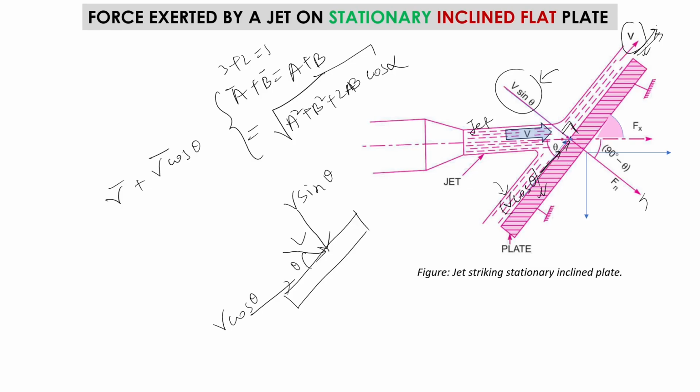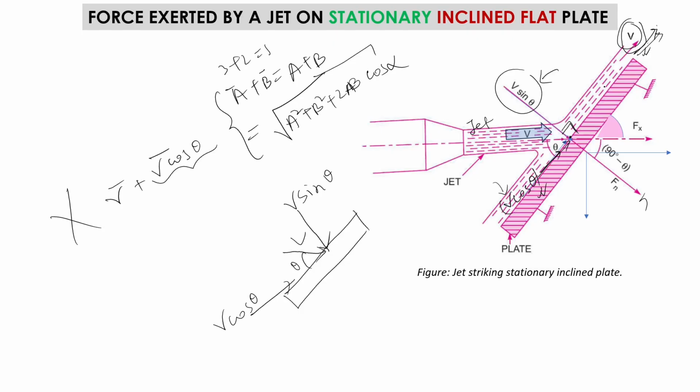And after striking here, we are assuming that this velocity is 0. And this v here, you don't have to add them. Why? Because this v cos theta is the initial velocity component, so it is considered initially, but it is not considered in the final outcome, so you don't add them. Okay, this is the first point.